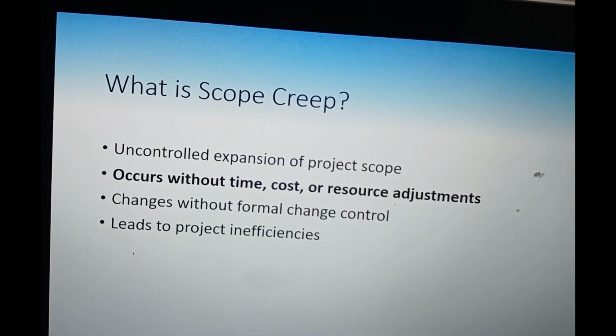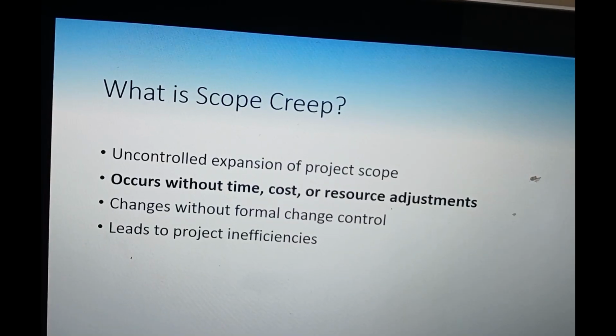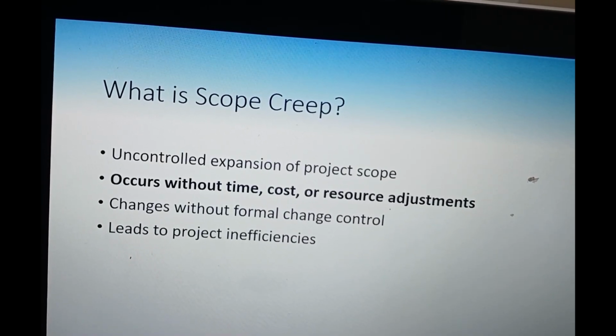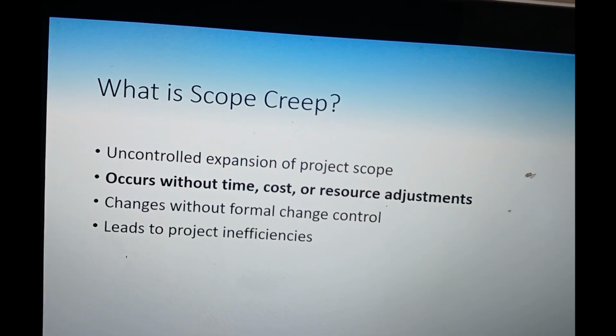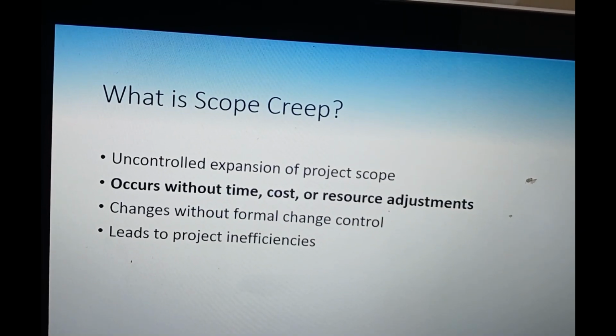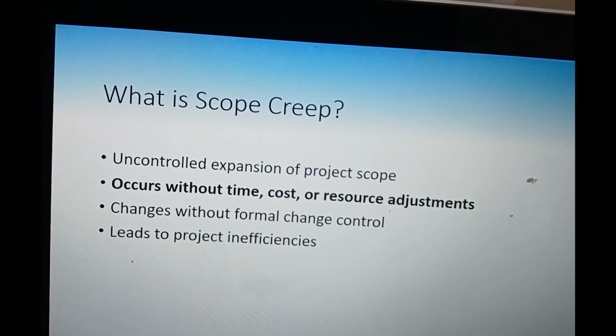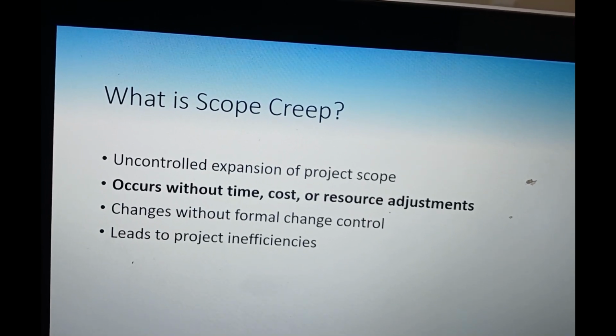That's when we say it is scope creep. It leads to project inefficiencies because you are doing something that was not part and parcel of what was agreed in the beginning, when the project was initiated.